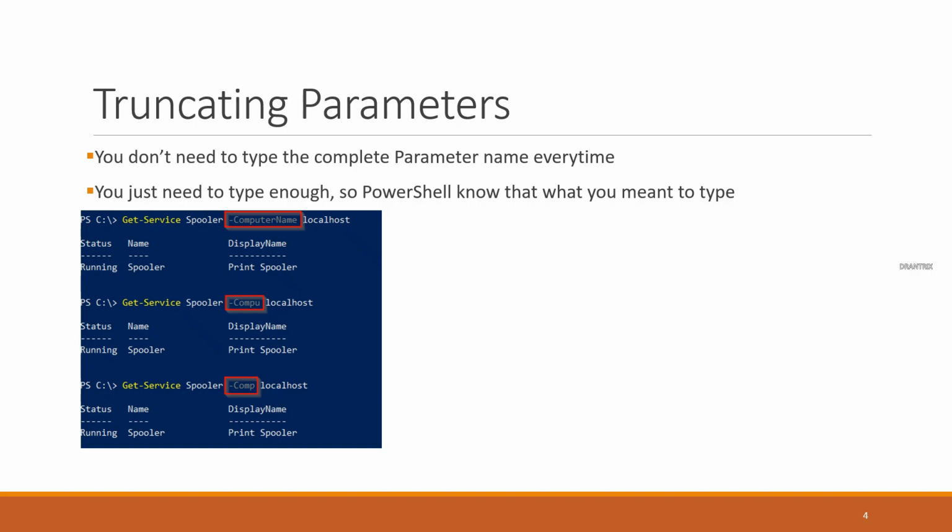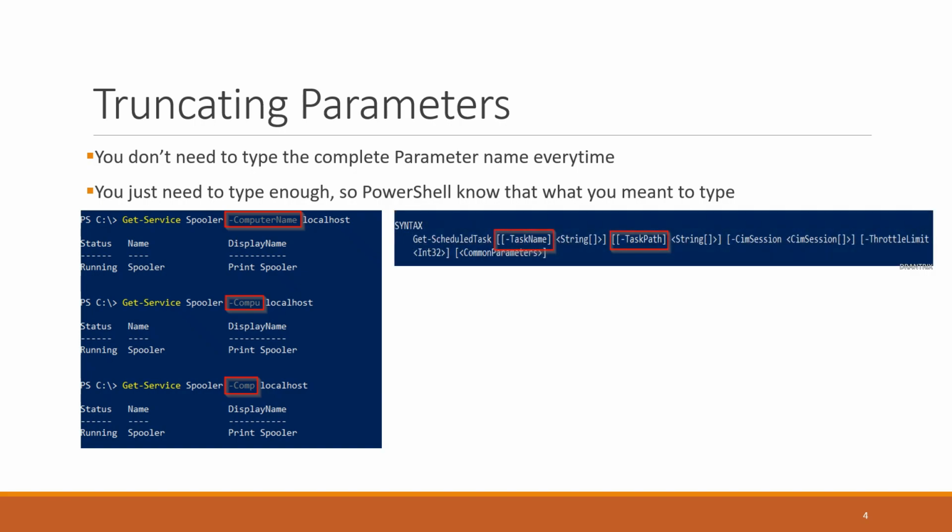In the next example, Get-Service spooler, I'm mentioning just -comp localhost, and I still get it. So whenever you have a long parameter name, you don't need to type the complete name. You can type just enough to let PowerShell realize what you want.